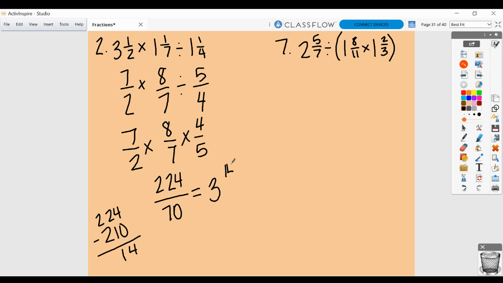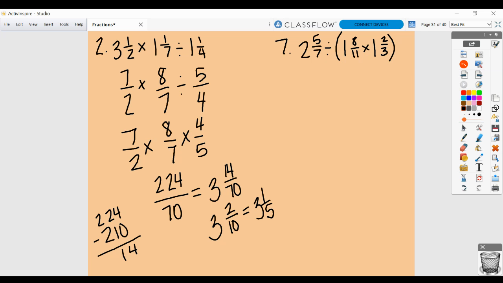So it'd be 14 over 70. Now both of those go into 7. So it'd be 2/10. And then both of those also go into 2. So it ends up being 3 1/5.